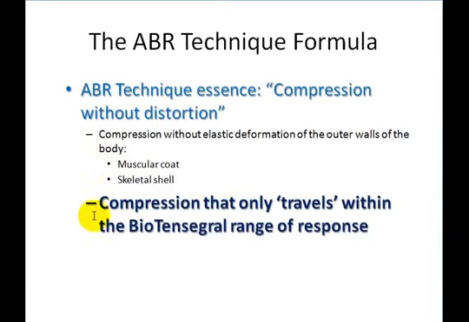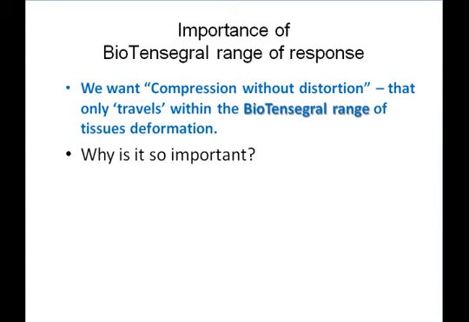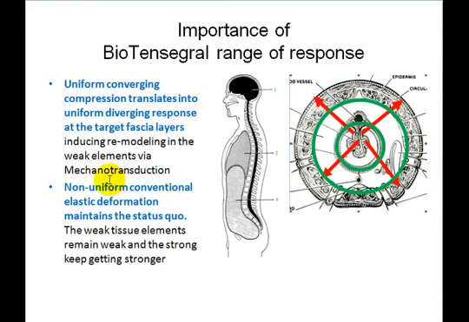How is it possible? It's possible when the compression only travels within the biointegral range of response. The biointegral range of response. Why is it so important? I'm going to give an integrated overview and then zoom into the details afterwards.